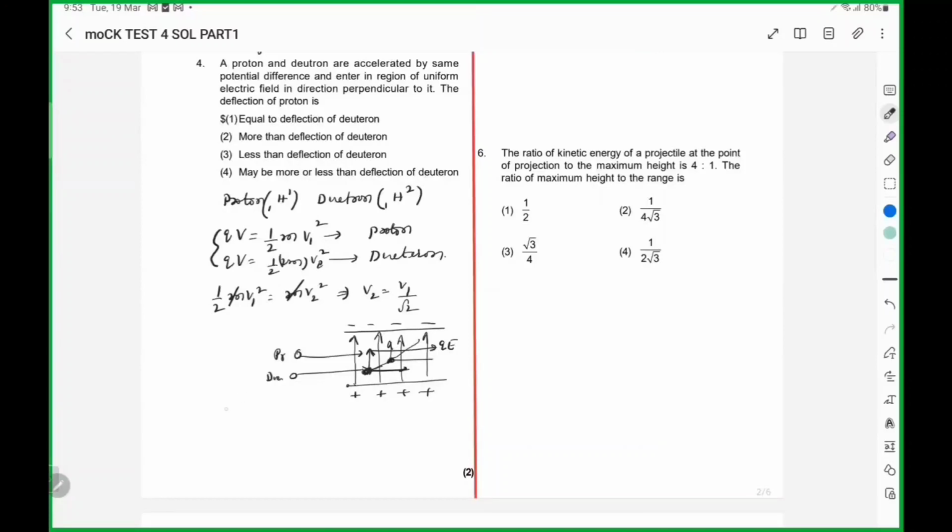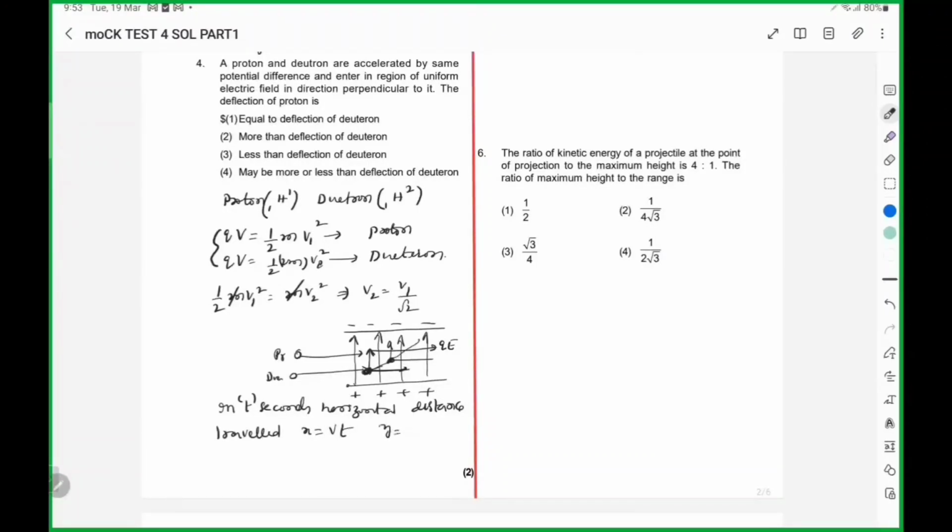So in t seconds, horizontal distance traveled x is vt.